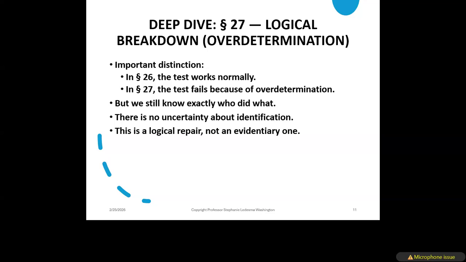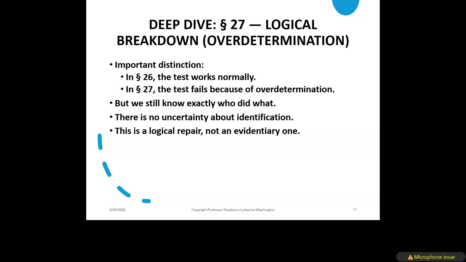In Section 26, the test works normally, the but-for test. In Section 27, the test would have failed because of what we call over-determination. We've got both acts independently sufficient, negating each other if we utilize 26. But we still know who did what.